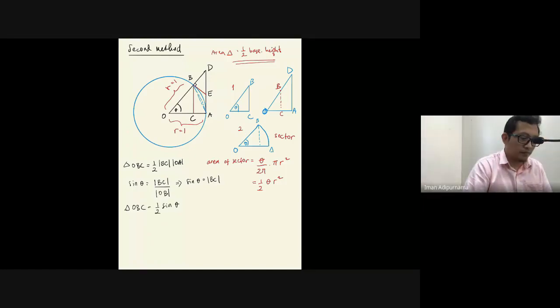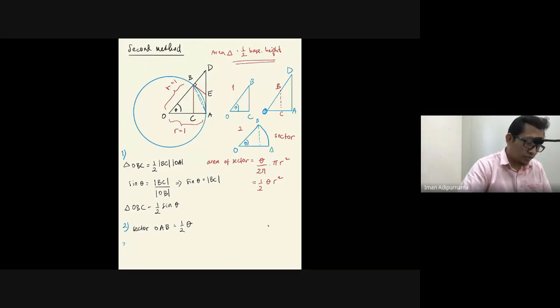Let me write this as 1, and then 2. And 2 is the sector OAB. This is half theta, because the radius is only 1.